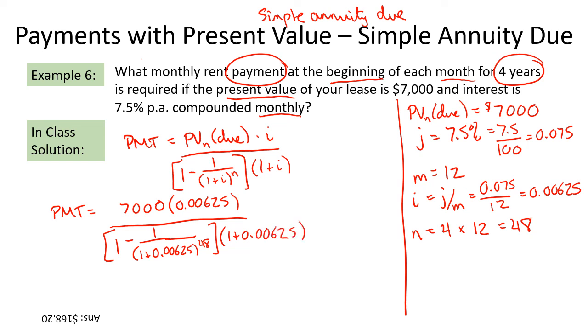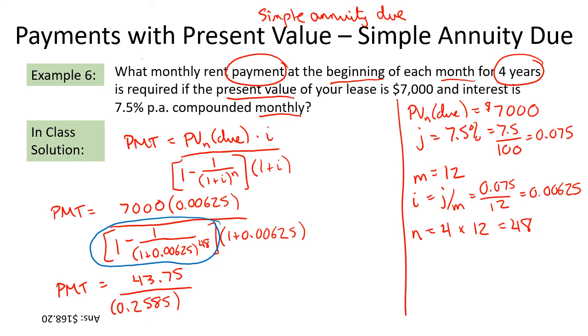Again, taking this into steps, if you multiply this out, your payment is $43.75 in the numerator, divided by 0.2585. Okay, that's this first term here, multiplied by the second term, 1.00625. Okay? And if you multiply that out, you get $168.20.